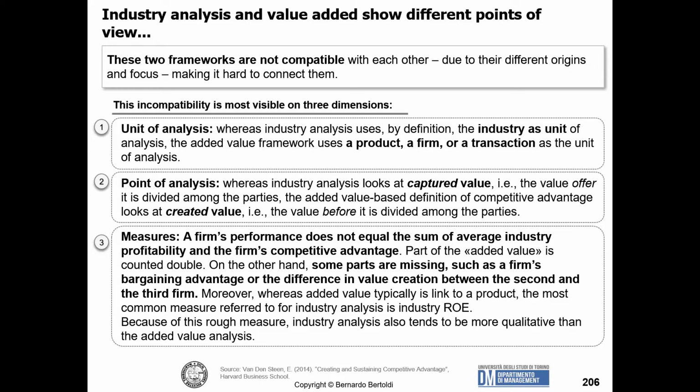The third point is financial quantitative measures. Also in this case, we are looking at a different total amount of value. Why? Because the performance of a company, let's say the total profit or the return on equity, is not the average industry profitability plus the value created from its competitive advantage, because here there is a double counting.